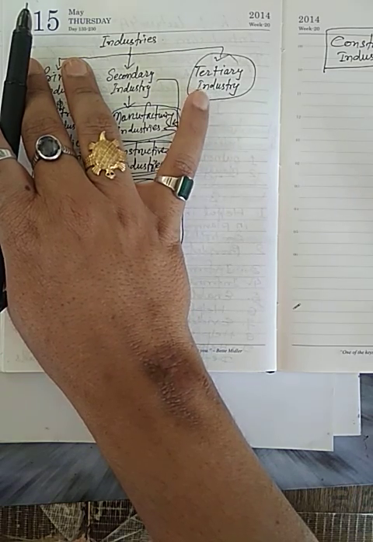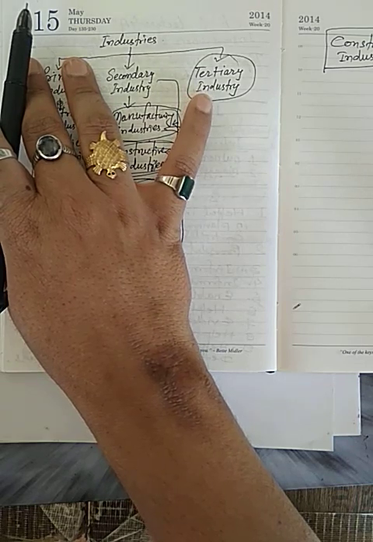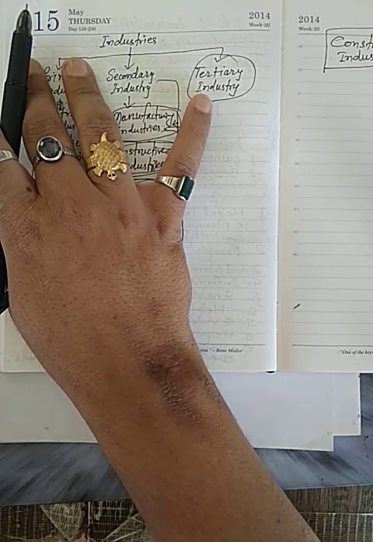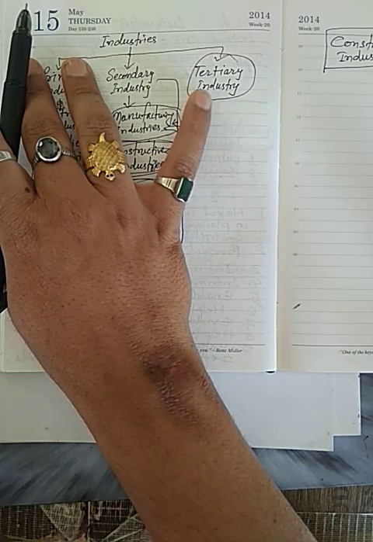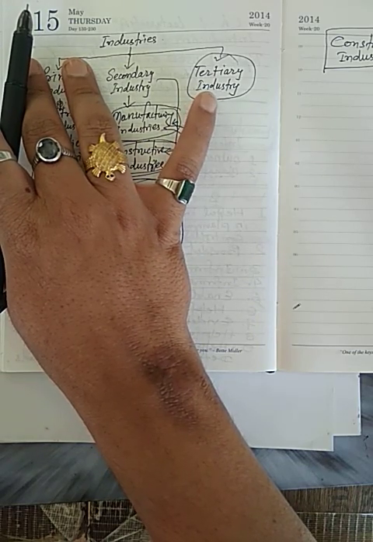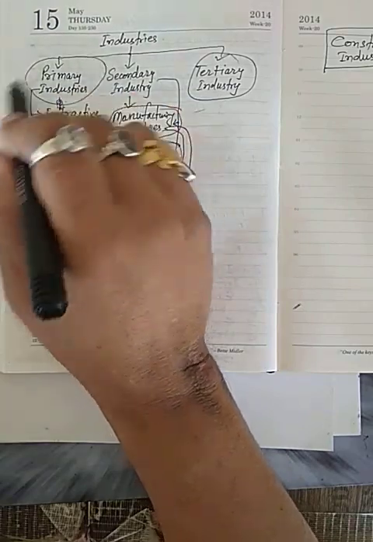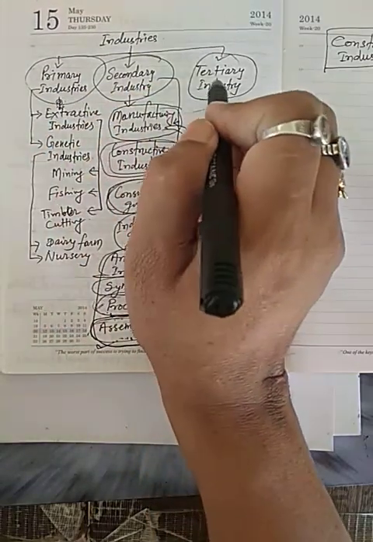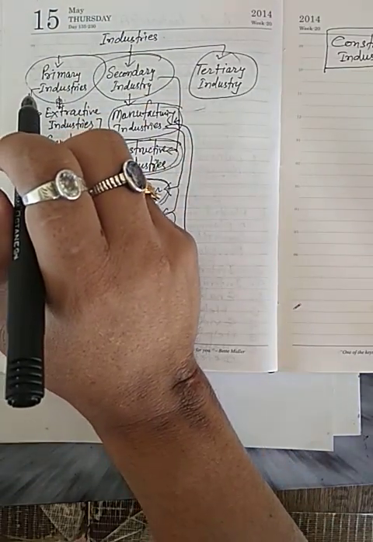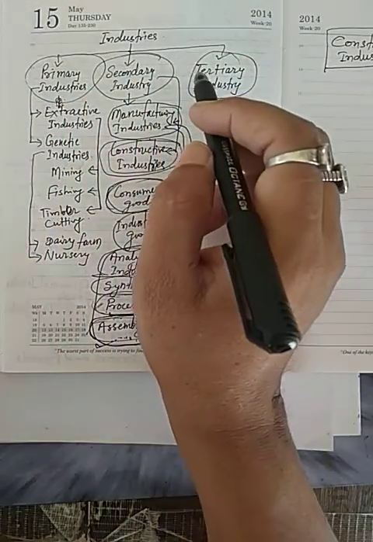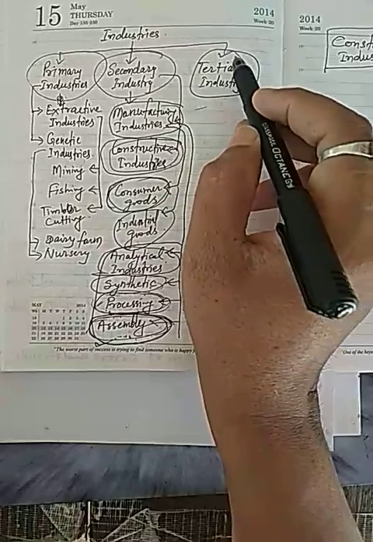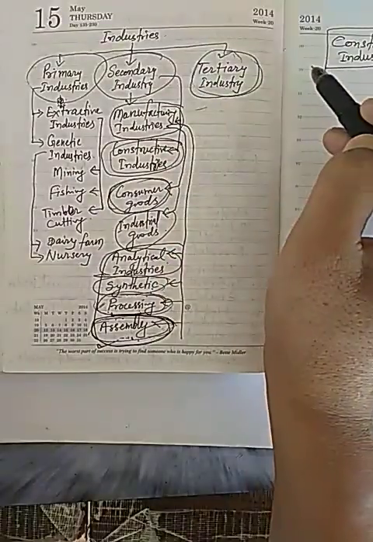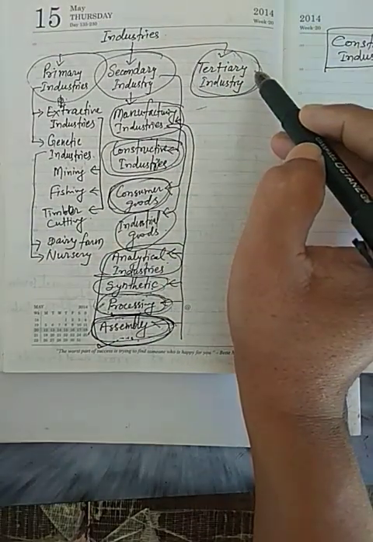This industry helps in the activities of the primary and secondary industries. In other words, this industry provides services which support the activity of primary industry and secondary industry. That is why it is also known as service industries. Tertiary industry is known as service industries.